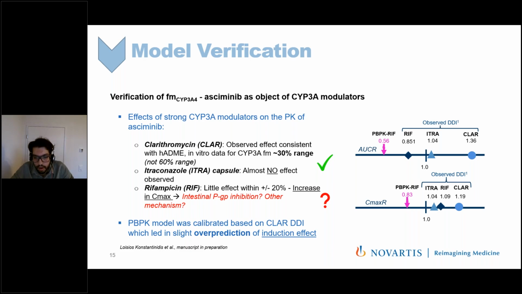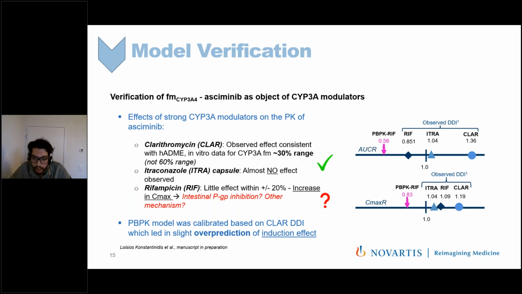So from the interaction with clarithromycin, the results observed were more or less in line with the human ADME results, as well as the in vitro phenotyping data, showing a 36% increase in the exposure of asciminib, leading to a fractional contribution of CYP3A4 in the range of 30%.